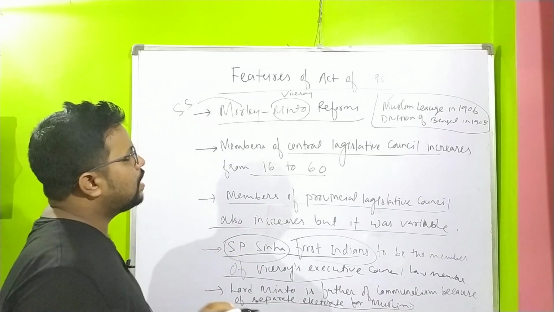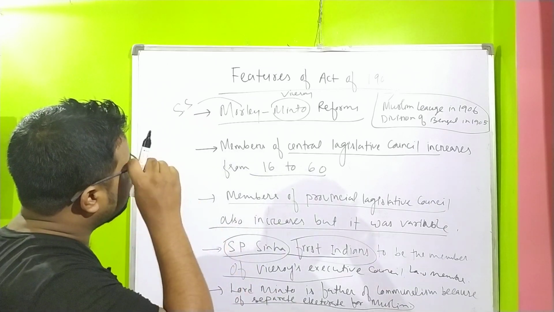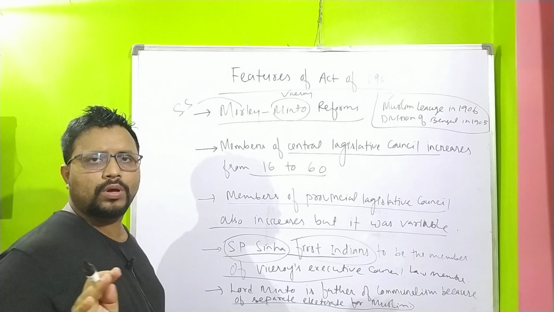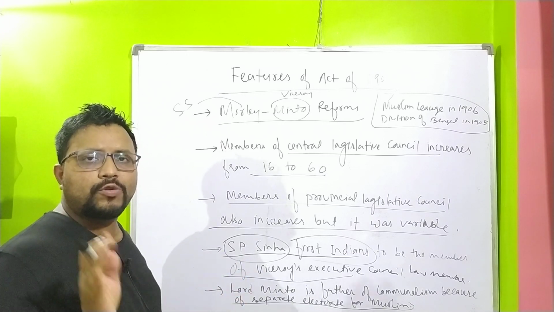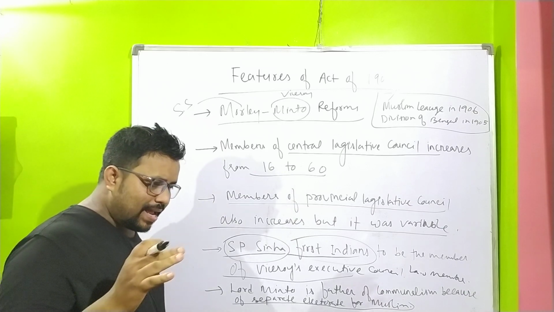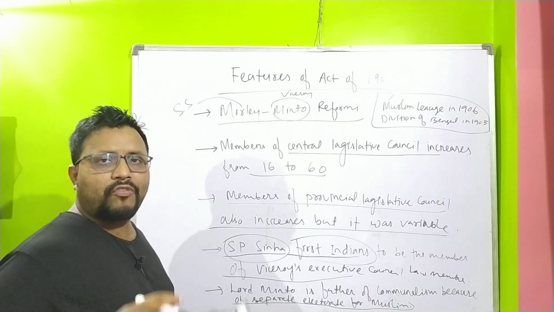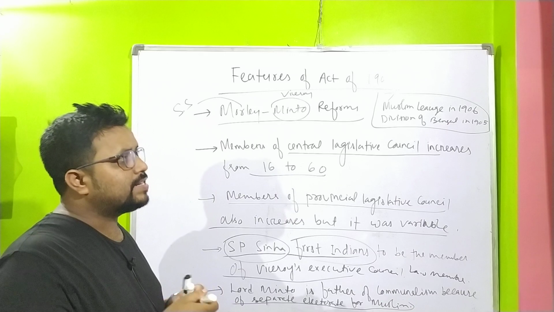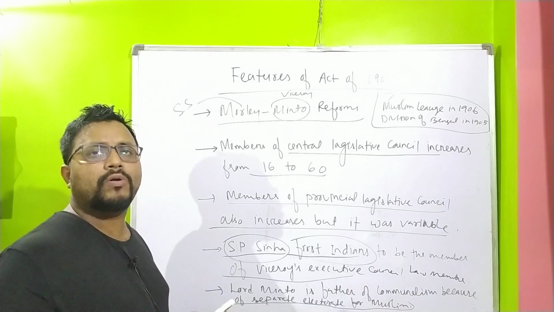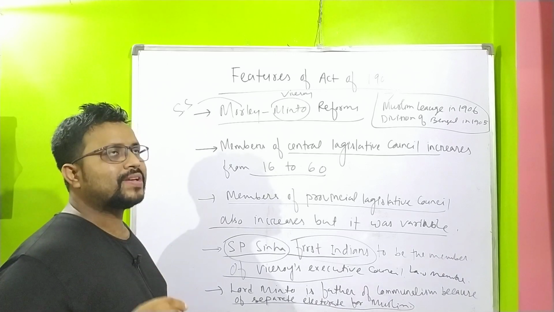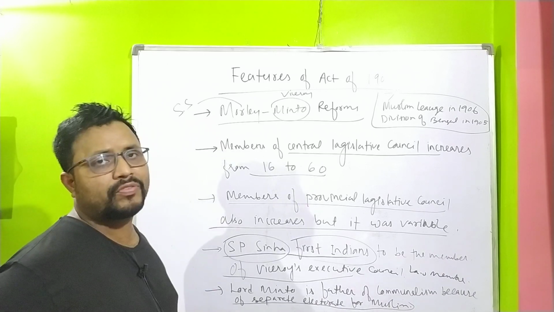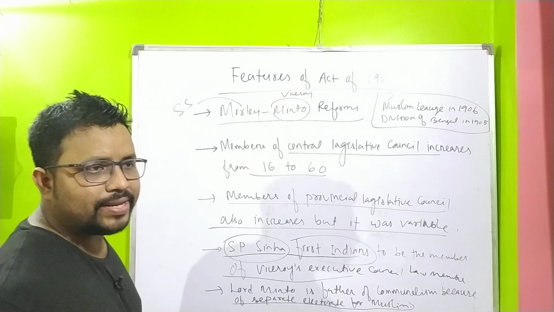One more thing I forgot to tell you about the features of 1892: we saw some reforms in 1892 because of the formation of Congress in 1885. After its formation, Congress put a lot of pressure on the British. That's why we saw some reforms in 1892.